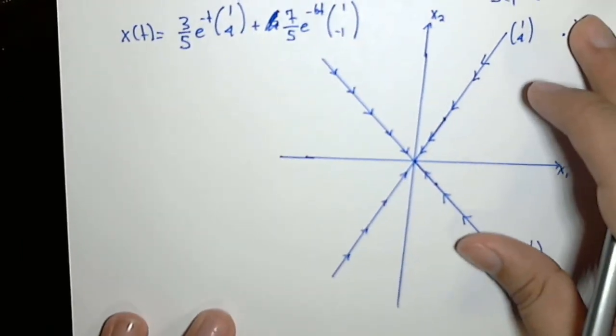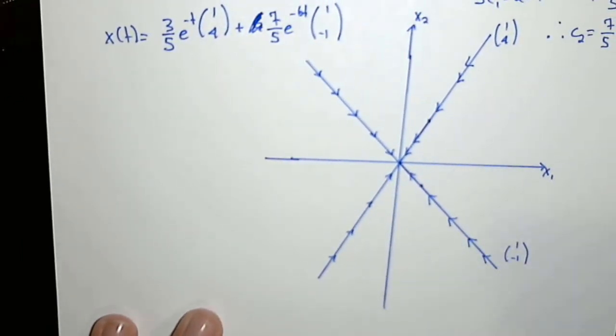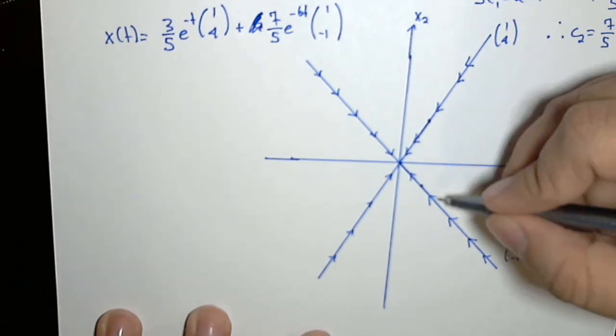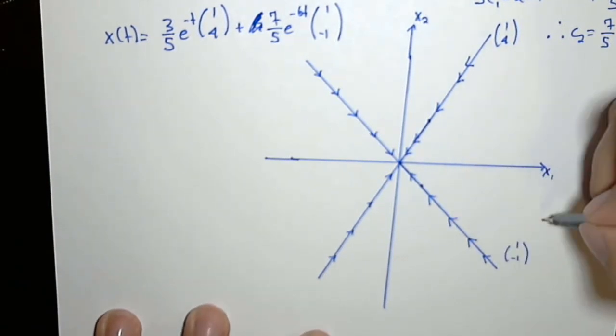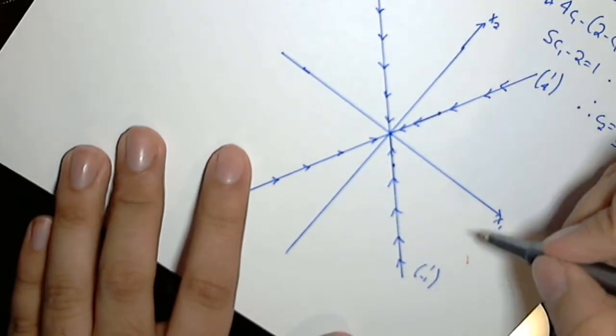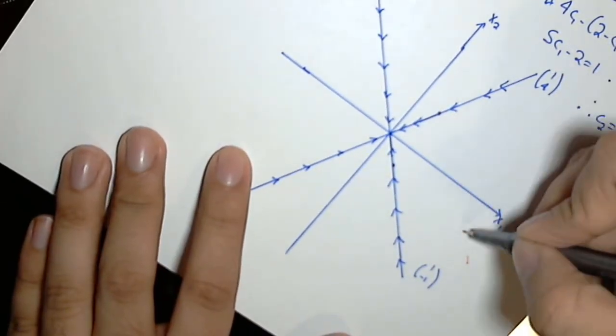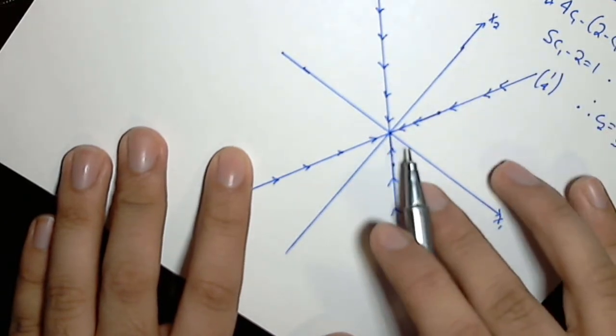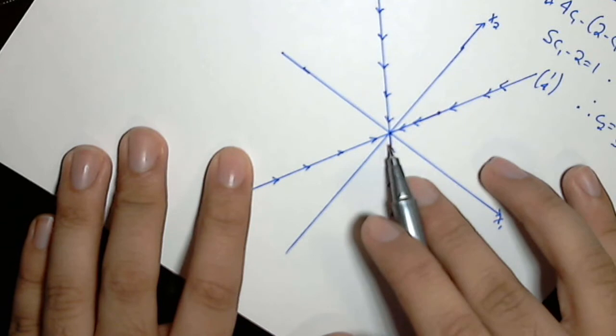So what that looks like on this diagram is you start off parallel to 1, negative 1, and now I'm going to turn this sideways actually. And as you get closer and closer, it turns to become parallel with 1, 4 and approaches the origin.